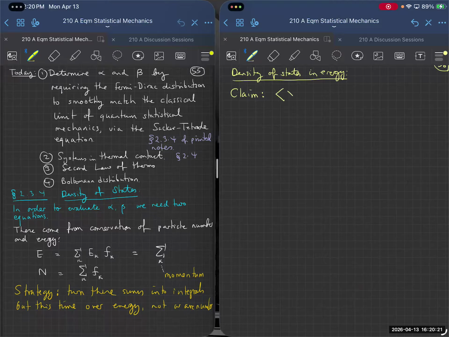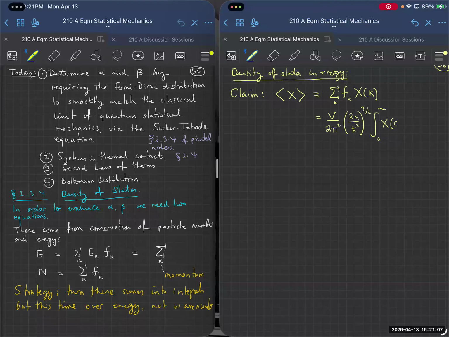If I take any quantity x, whatever it is, the expectation value of that is then going to be the sum over states, the occupation of those states, times the value of this quantity in the state K. And I claim that this thing is equal to, and hopefully I'm going to write it down correctly, it's not guaranteed that I will, 2m over h bar squared to the 3/2, and then the integral from naught to infinity, x now as a function of energy, and then d, density of states as a function of energy, d energy, like that.